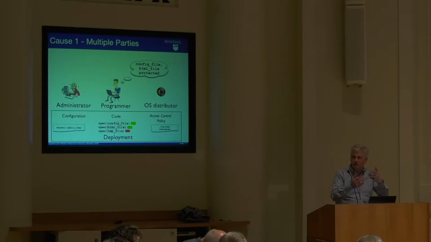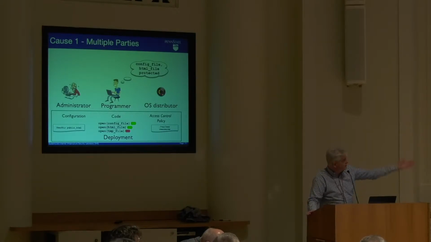You share the temp directory with everyone, and so some other party might provide some files in the temp directory that are unsavory and that might cause these kinds of attacks. And so the programmer can add defenses, or in this case does add defenses, to protect their program against accesses using the temp directory. But they may assume that accessing the configuration file and the web pages will be okay because they're defined by the server.